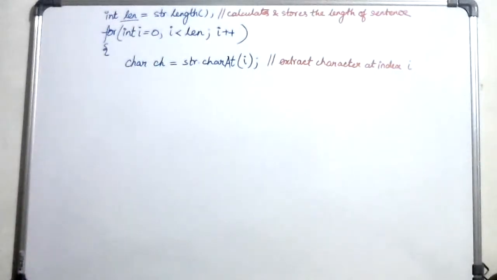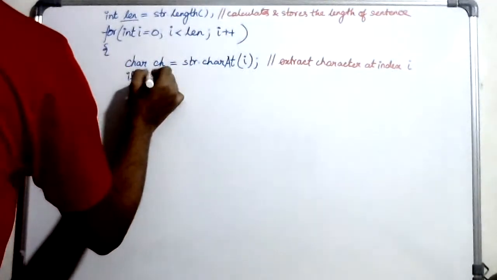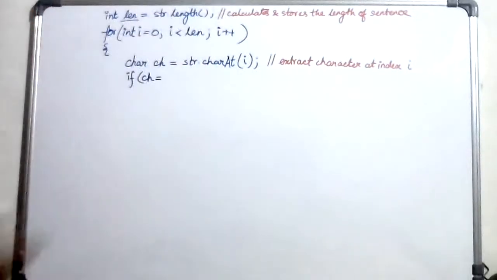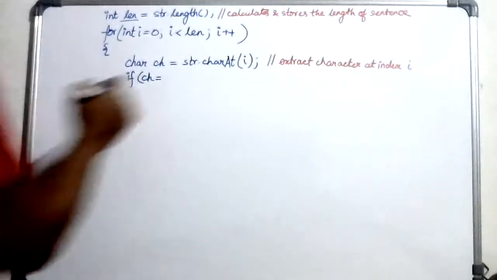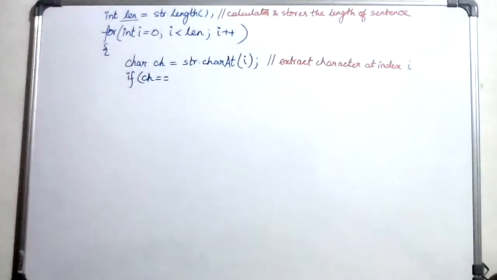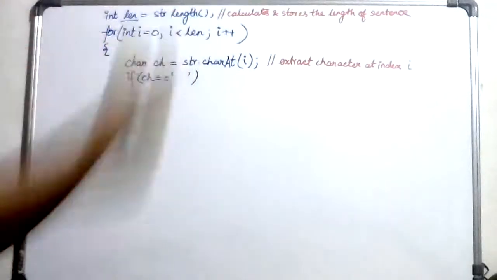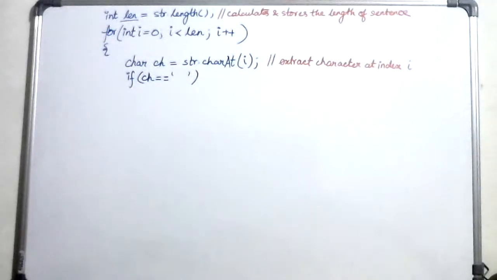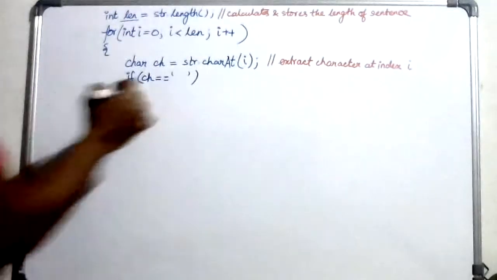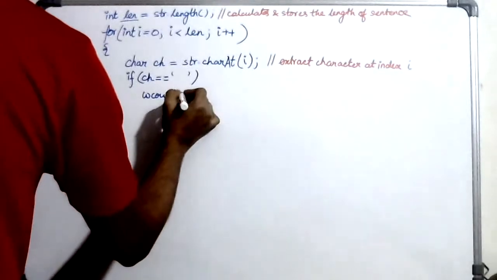Now once we have the extracted character in the variable ch, we are going to check whether ch is a blank space. How do we do that? Simply use the comparison operator and we check whether it is a blank space. Now if ch, or the extracted character, is a blank space, we have found a word, which means we have to increment w count by 1.